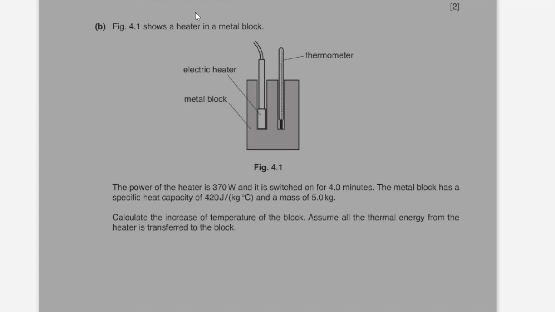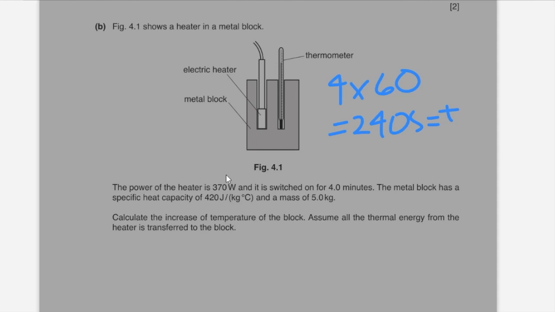Alright, I'm going to be starting with converting 4 minutes into seconds since all of the rest of the values are given in standard units. So 4 minutes is equal to 4 into 60, which is equal to 240 seconds, the time taken.